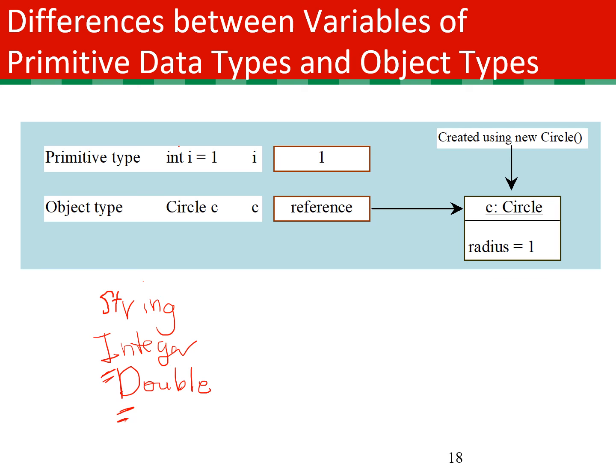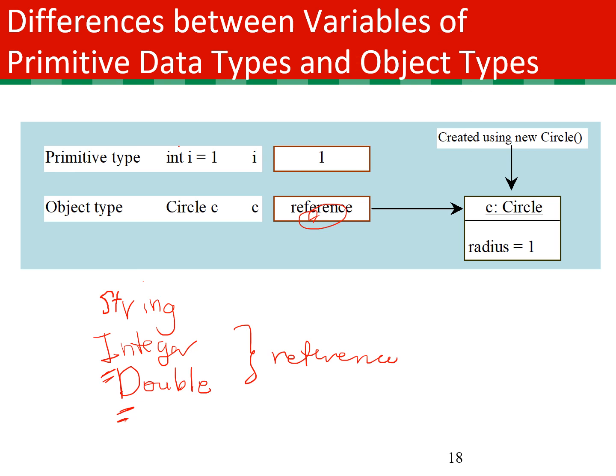So all these are actually reference types. When you define it here, it basically contains the address of the location of the object. So just be careful with that.